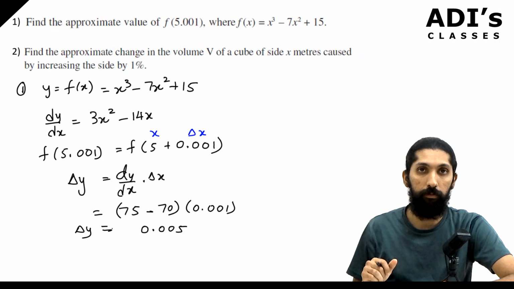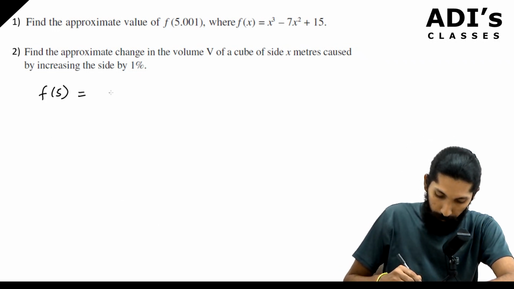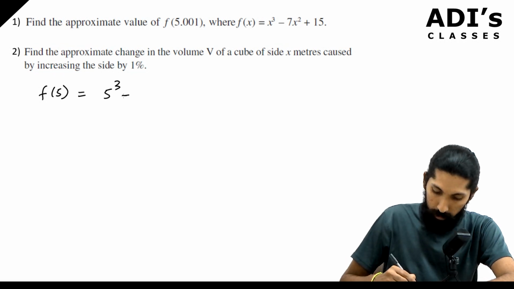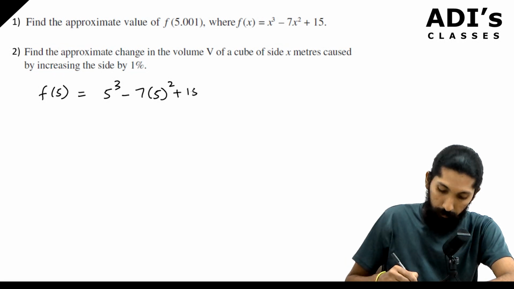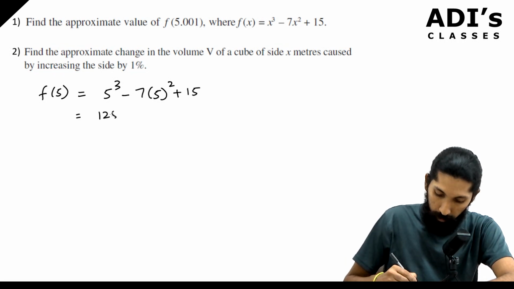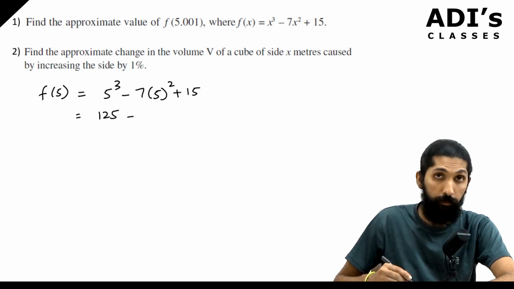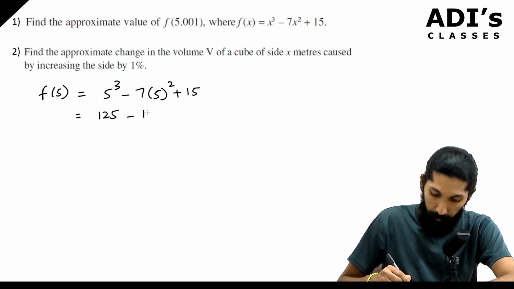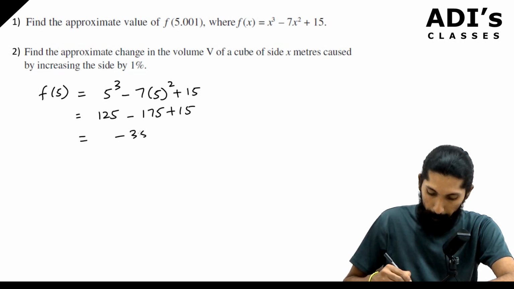Let's do that now. f of 5 will be 5 cube minus 7 into 5 square plus 15. So that's 125 minus 7 into 25. 25 into 7 is 175, plus 15, which will give us minus 35.